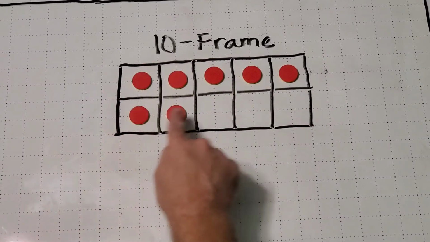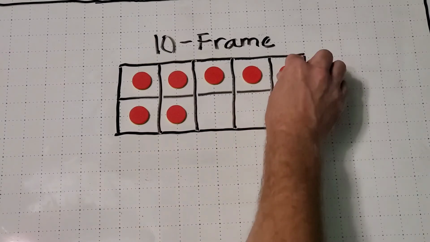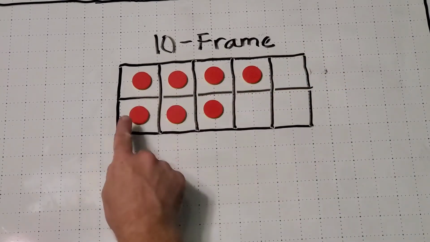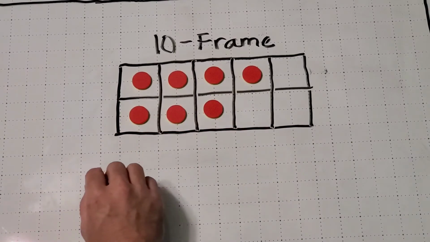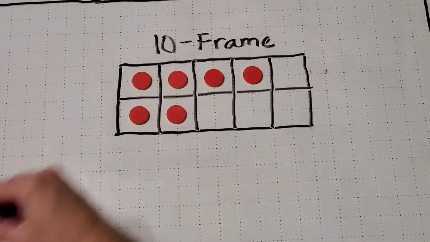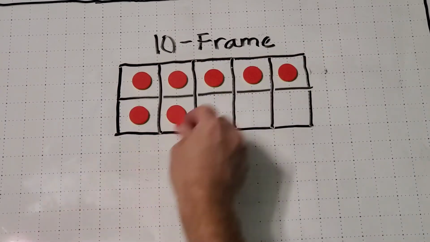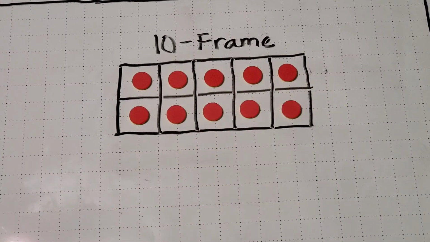I can see a 5 and a 2. There's all kinds of ways that I can see this. I can even shift one down here, and there's my 6 and my 1. I can use my 10 frame to organize into familiar dot patterns. Through modeling and experimentation, students start to become fluent at the addition-subtraction facts within 10.